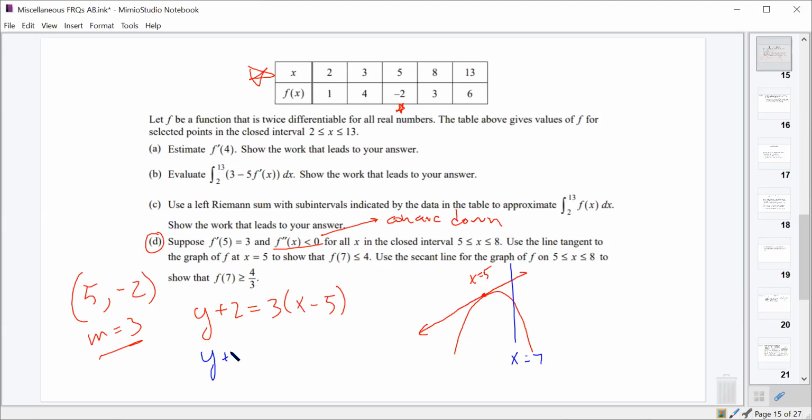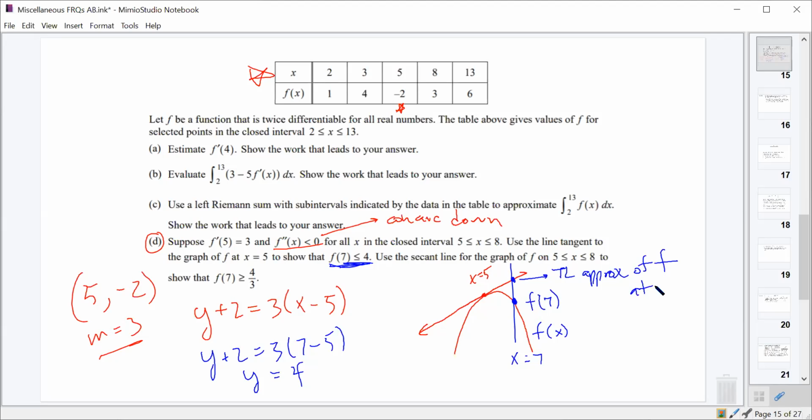So y plus 2 equals 3 times 7 minus 5 gives us y is equal to what? Should be 4, right? Which makes sense because they want us to show that f of 7 is less than 4. And this is our function f of x. The value of f of 7 is less than the tangent line approximation of f at 7.